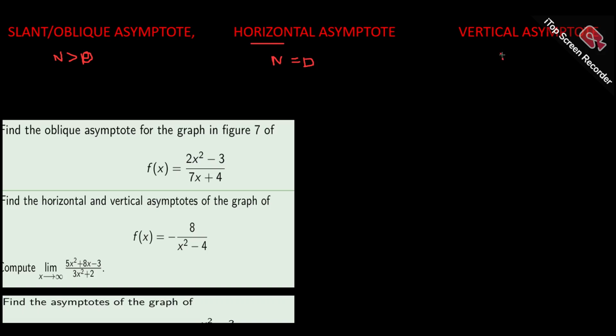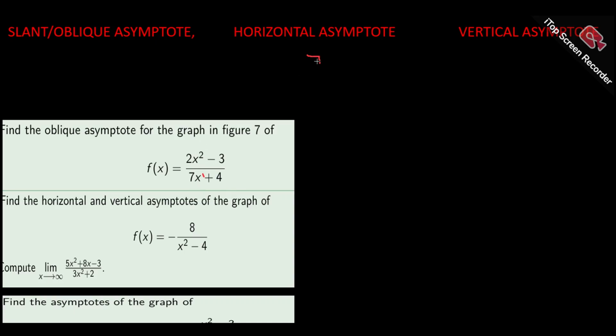For the vertical, you just equate the denominator to 0. So let's see the examples that we have. This one: find the oblique asymptote, which is also known as the slant asymptote. You're supposed to determine whether the highest degree of the numerator is greater. Yes, because here you have 1. Then you can find the slant asymptote.